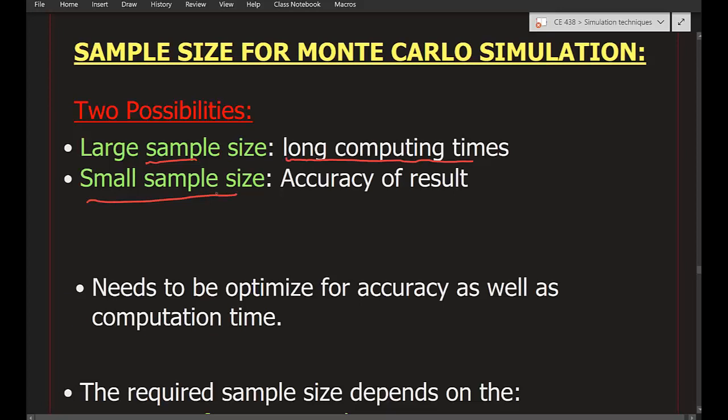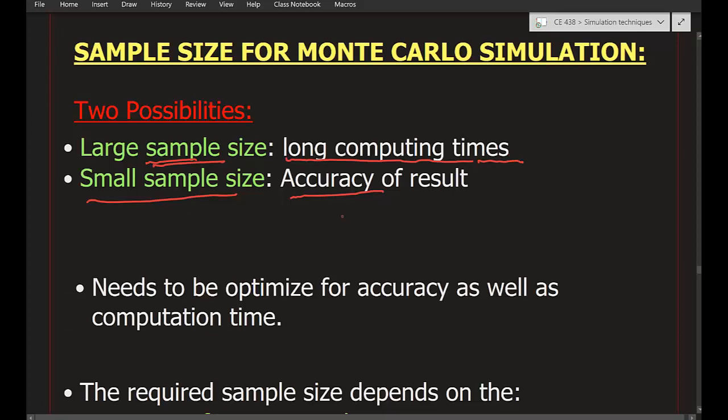If I take a small sample size, I can do my calculation fast, but we have to see the accuracy of the result, because in that case I am somehow compromising with the accuracy of the result. So if I take a small sample size, the accuracy of my results suffers. If I take a large sample size, I have to pay the price of large computation time.